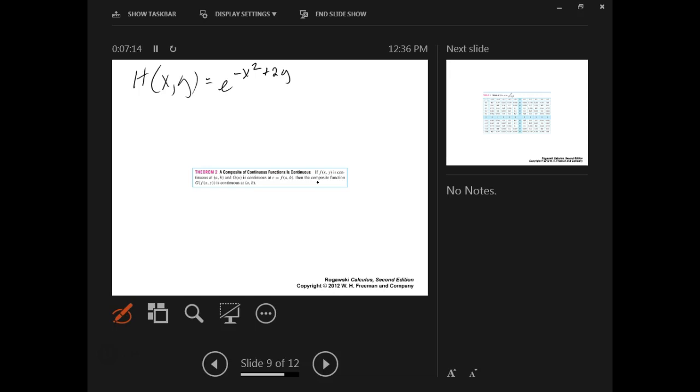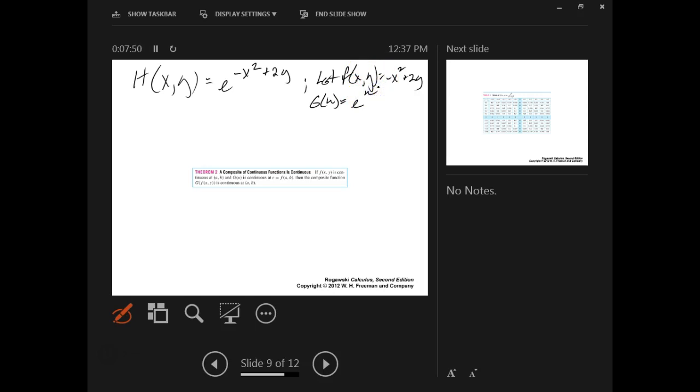Yeah, minus x squared plus 2y. So let that be our f of x here, okay? Let f of xy be this, minus x squared plus 2y. Then my g of u would be e to the u.